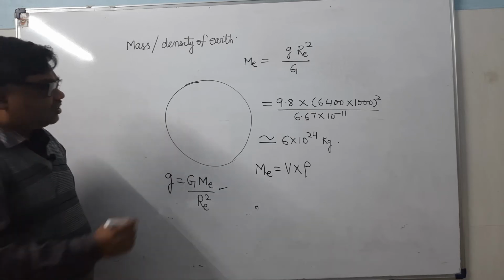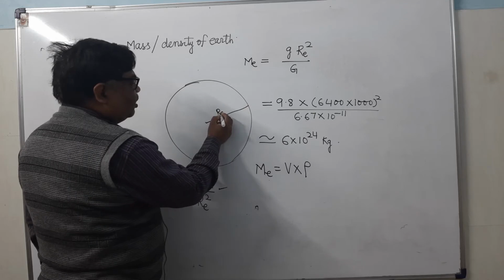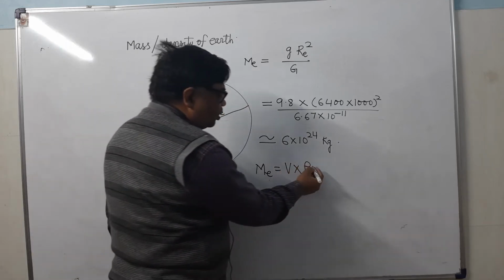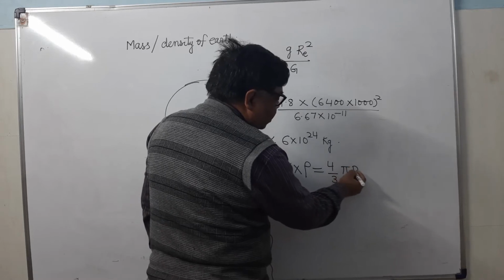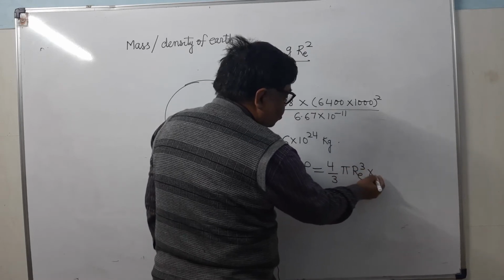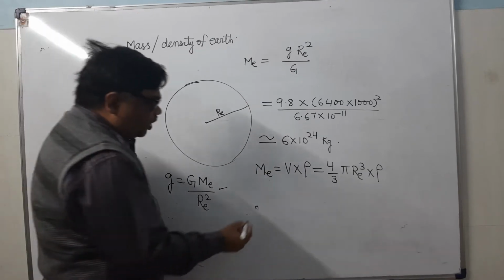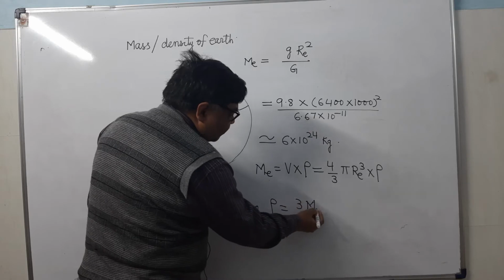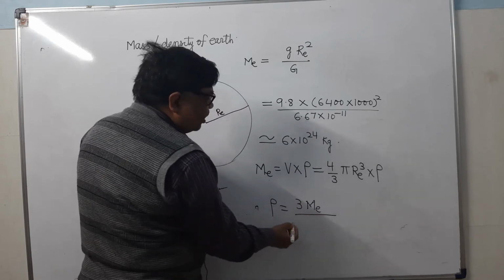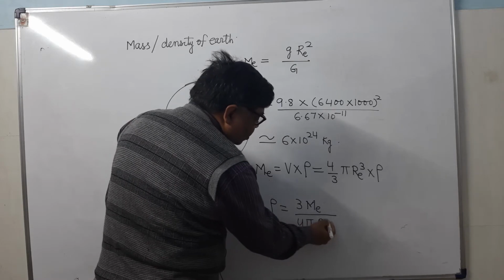Volume of earth's sphere will be equal to 4/3 pi Re cube. So mass is 4/3 pi Re cube into density rho. What will be rho if you make the formula? So rho equals 3 Me divided by 4 pi Re cube.